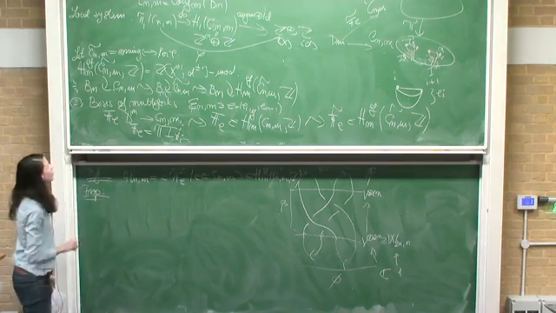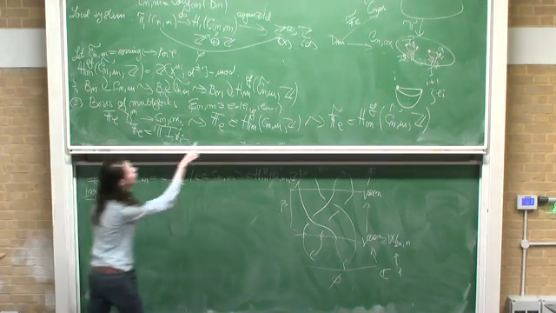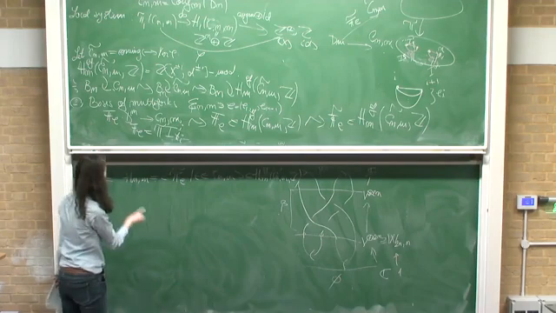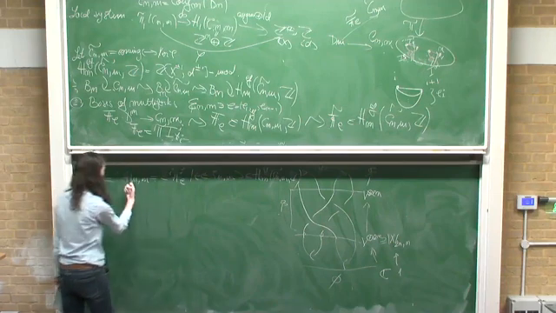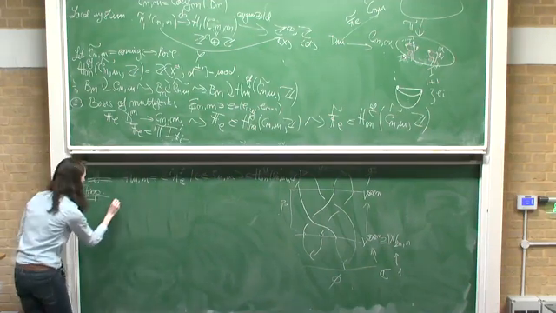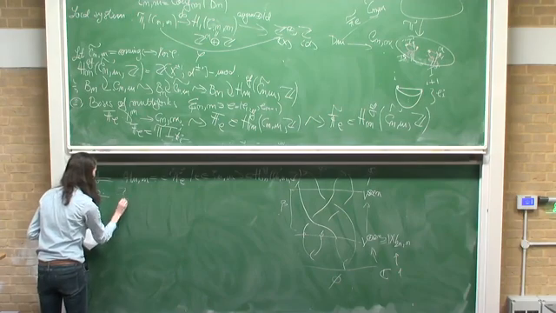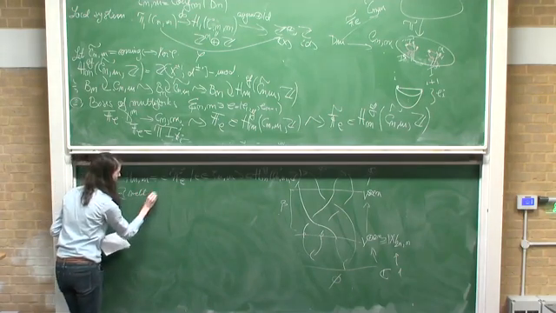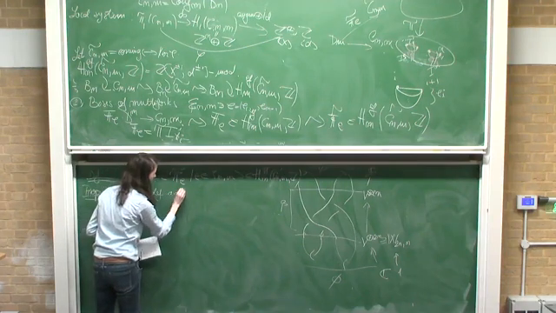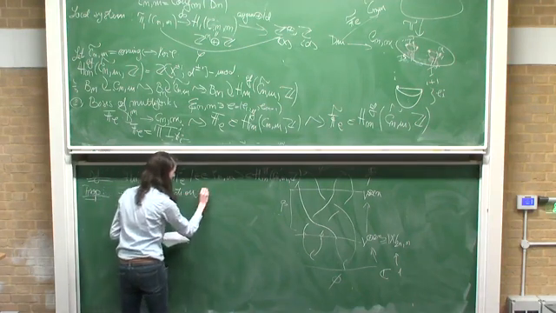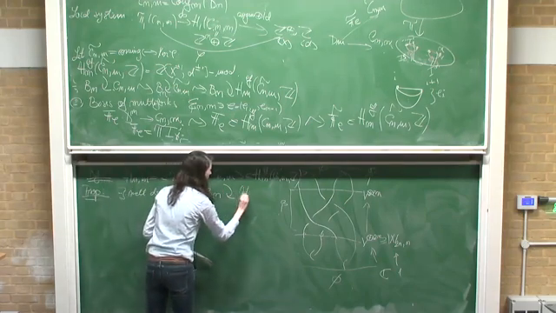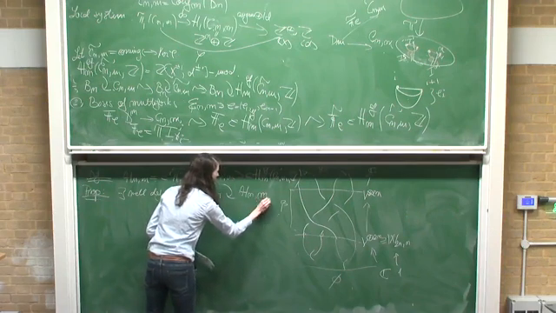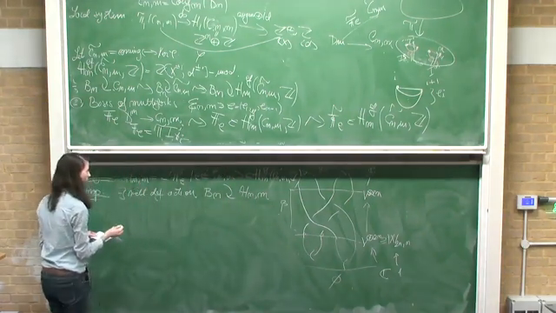So actually, we said that the braid group acts on this homology, and now this will act in a nice way on this H_{n,m}. So we have an action of B_n onto this H_{n,m}.